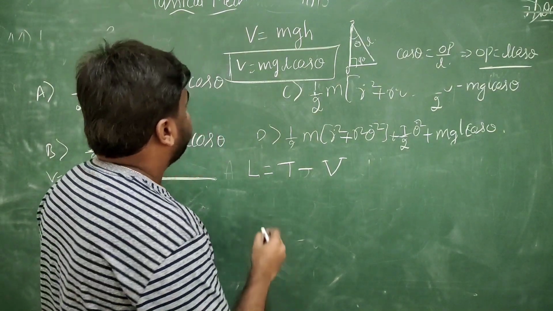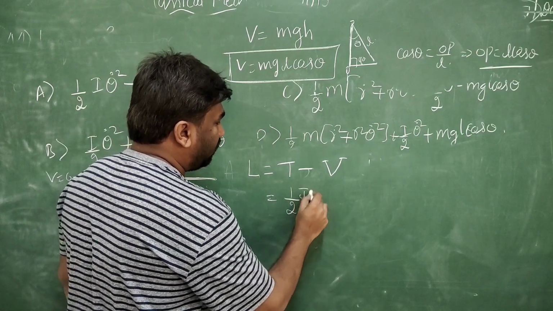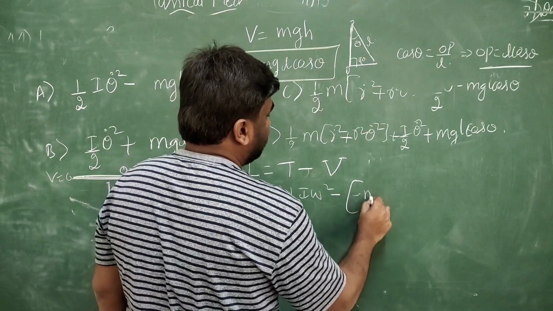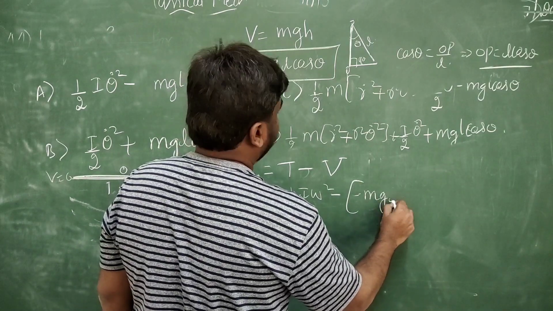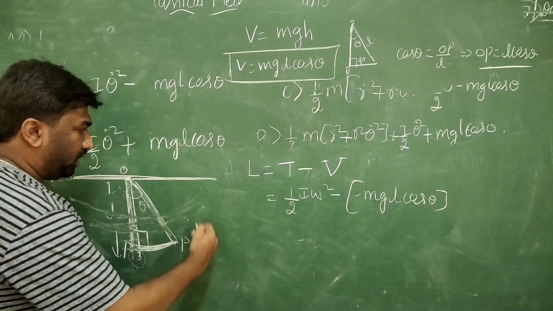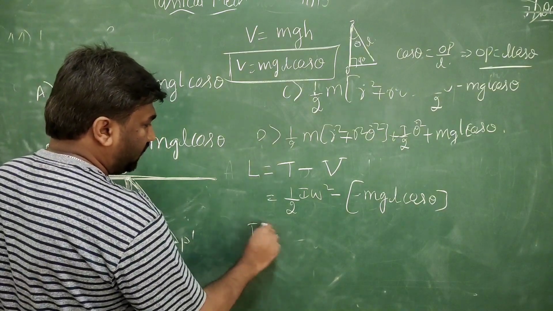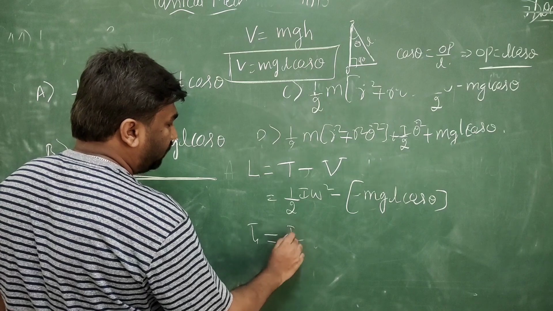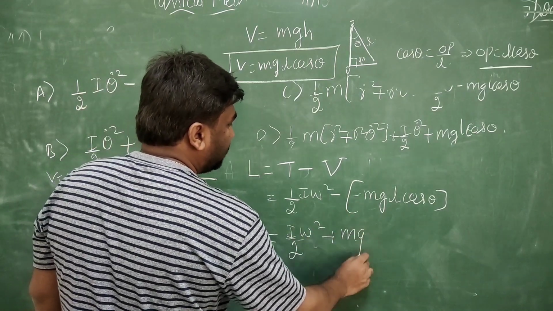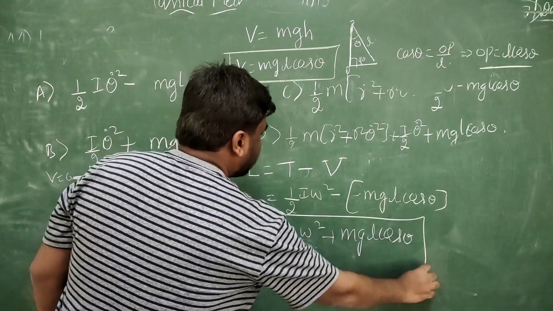So therefore, kinetic energy is 1/2 I omega square minus potential energy, which is minus mg L cos theta, because it is towards the ground. So L is equal to 1/2 I omega square plus mg L cos theta. So option B is correct.